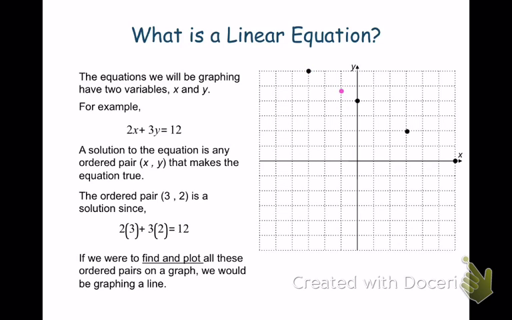The solution -1, and that looks about 1, 2, 3, 4, 5, and maybe 3/4. That's also another solution. So there's a whole bunch of numbers that we could plug into this equation here that would make it equal to 12.